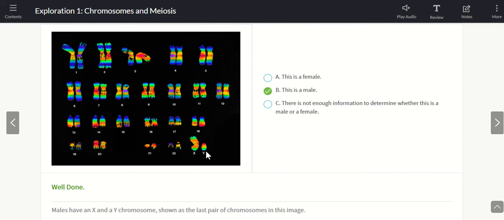And in these circumstances, we get some physical characteristics that don't make it super clear whether an organism would fit into that male or female category. But again, those are very rare circumstances. And for the most part, we can distinguish an organism's physical characteristics by their genetic code, which is going to be distinguished by this X and Y combination.